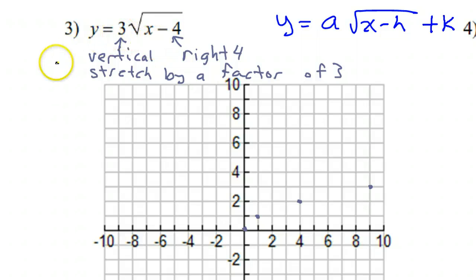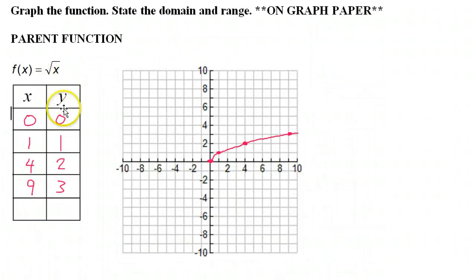So when you have an a value, what I would recommend is go ahead and change your table. Alright, when we did the parent function, we started with 0, 1, 4, and 9 because those are nice easy numbers to take the square root of. And we got 0, 1, 2, and 3.